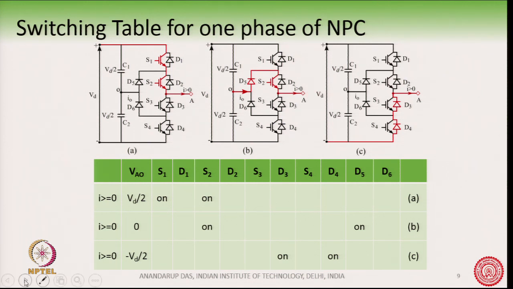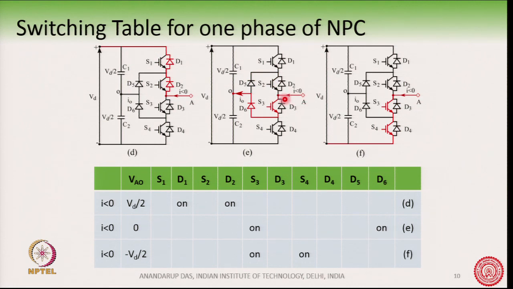Whereas, if the current direction is negative, it will automatically be ensured that S3 and D6 are conducting. So when we want the 0 voltage, we just give the pulses to S2 and S3 simultaneously.